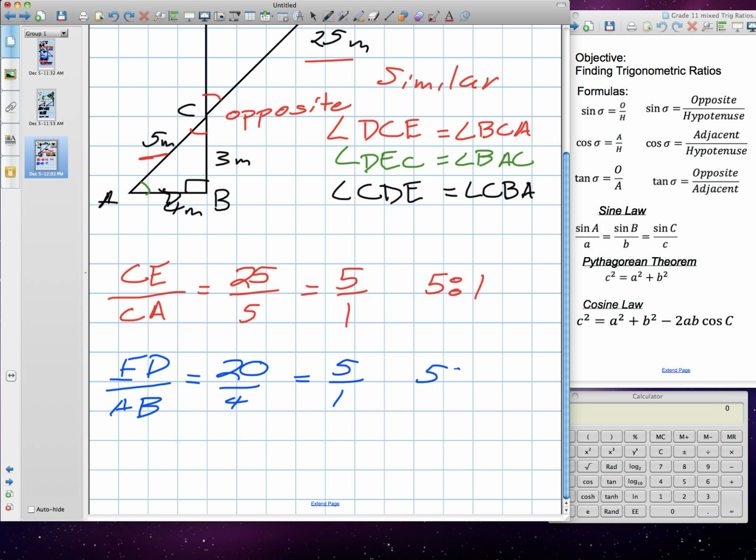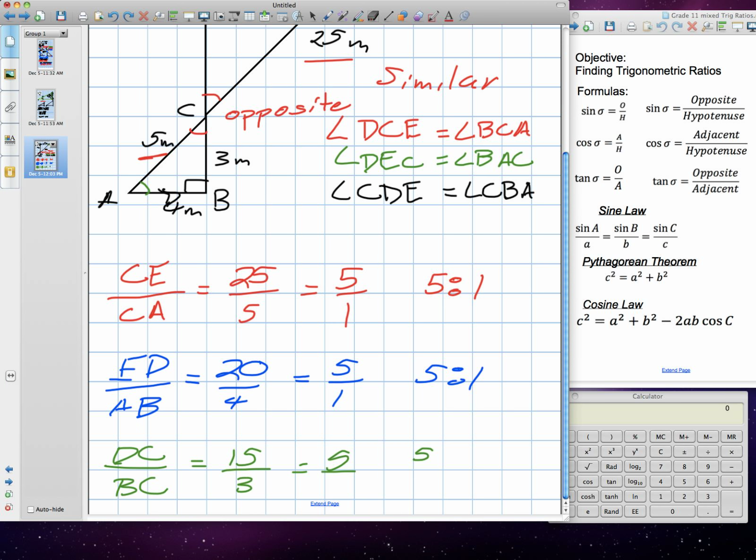Works out to be the exact same ratio as above. Again, 5 to 1. Right now we're just going through proving these. And finally we have DC divided by BC, which is 15 to 3, 5 to 1. We have a ratio of 5 to 1.